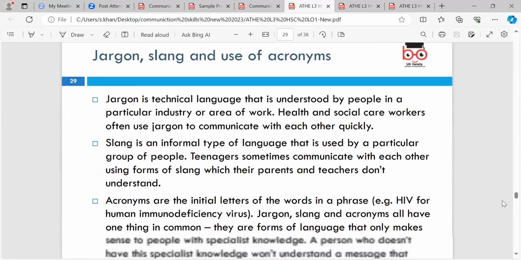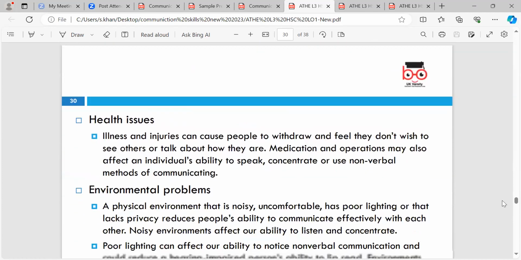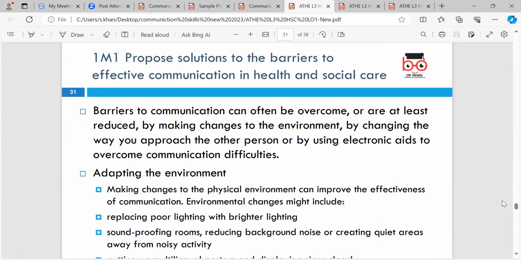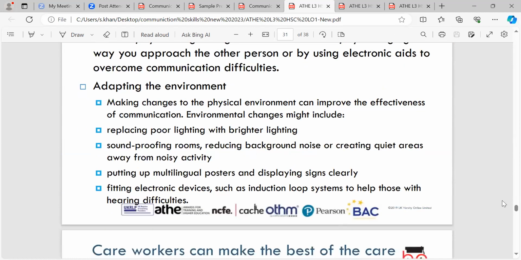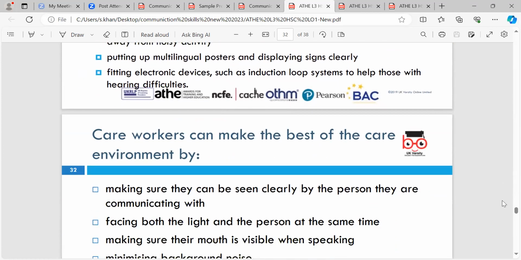We looked at jargon, slang, use of acronyms, health issues and environmental issues. Then we looked at 1M1, which was to propose solutions to barriers to effective communication in health and social care settings. So things like cultural barriers, changing the environment, replacing the lights, fitting electronic devices.